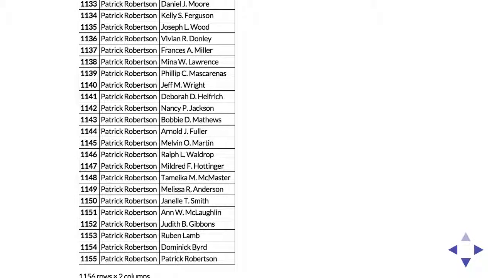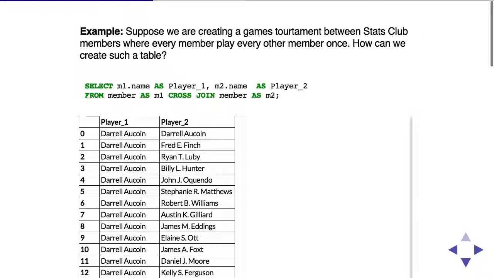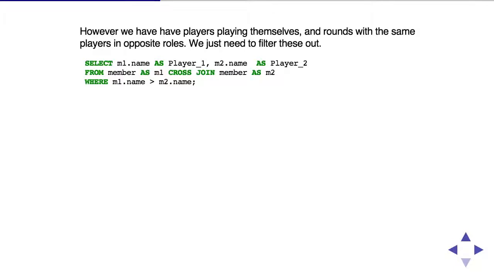But as you can see, this is not quite what we want. In this one, we have players playing themselves, and also where player 1 and player 2 are switched. So we don't want that. What we could do is just do a where clause and filter out those values.